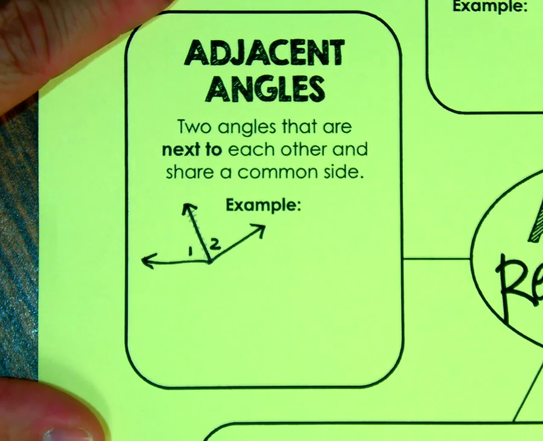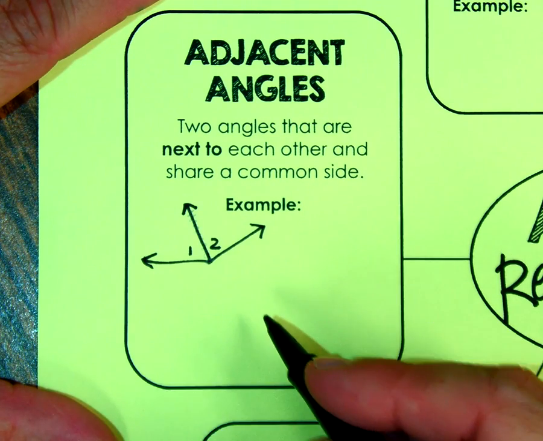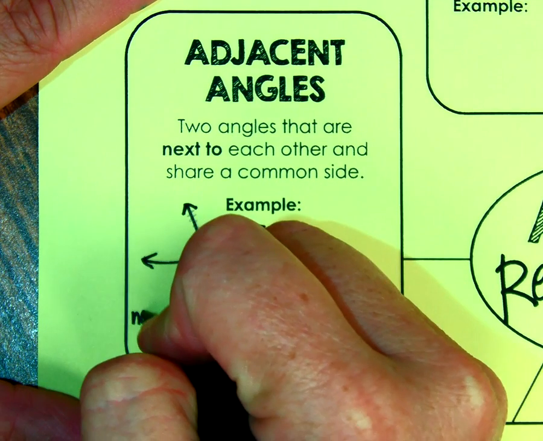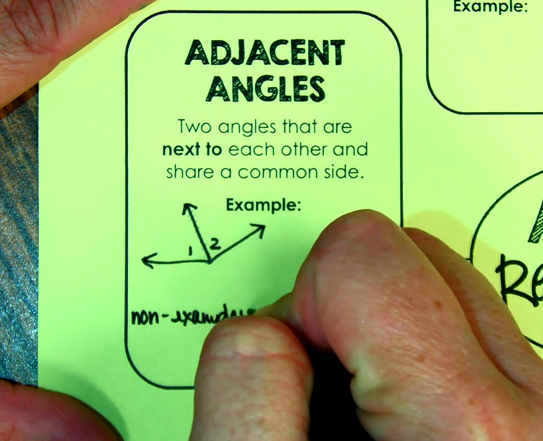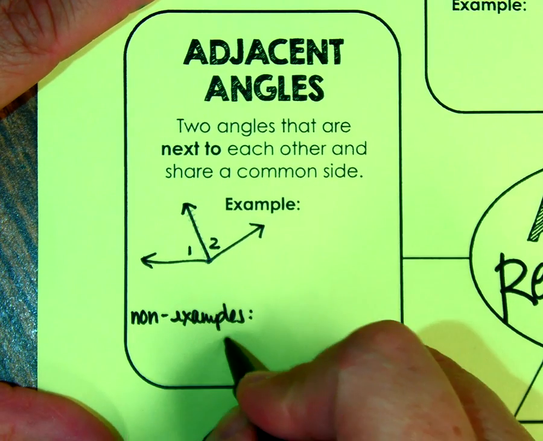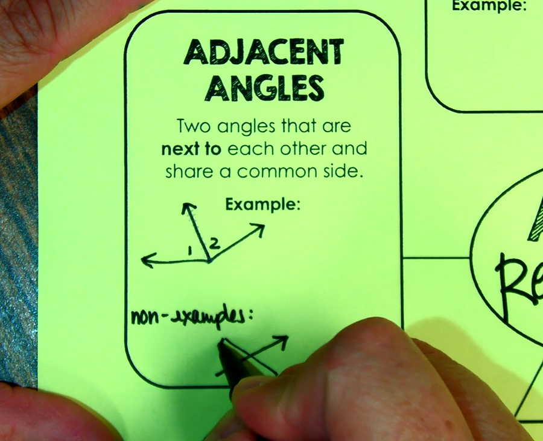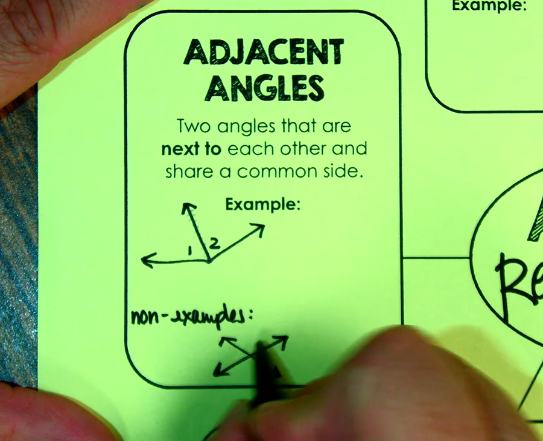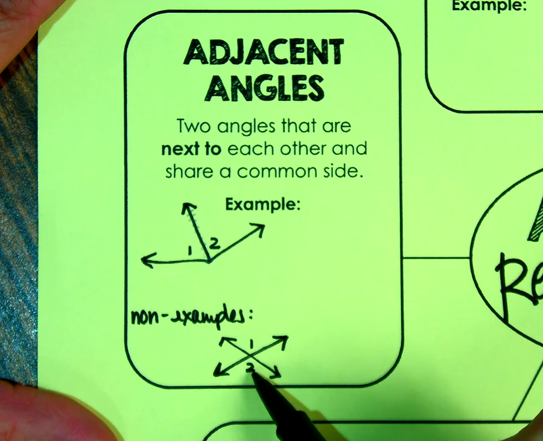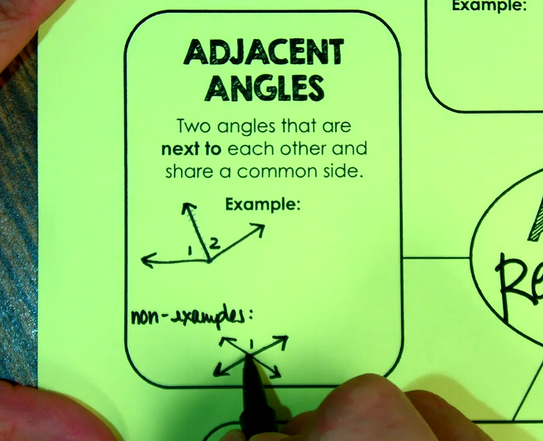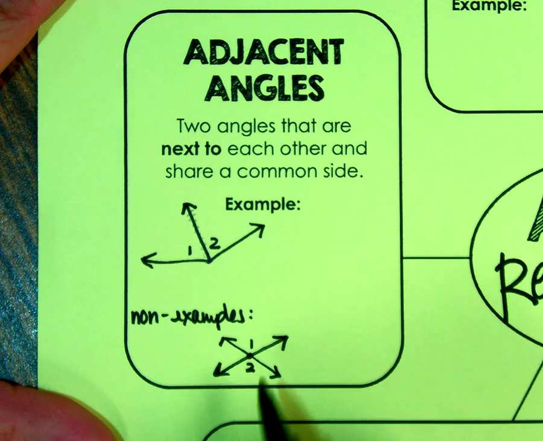Here's an example of something that is not adjacent. So these are non-examples. A non-example would be this scenario. 1 and 2 are not adjacent because they share a common vertex, but they do not share a side.